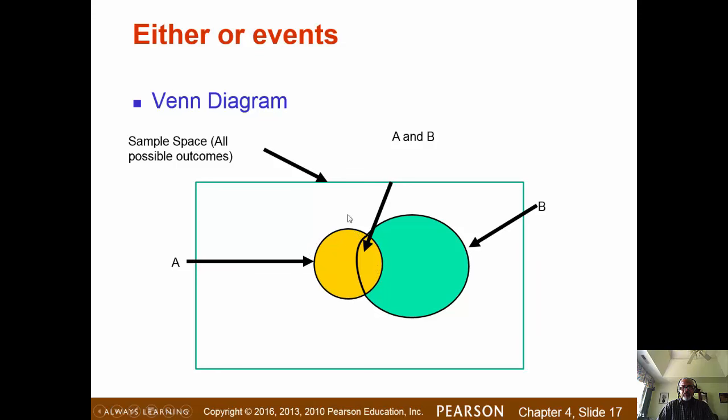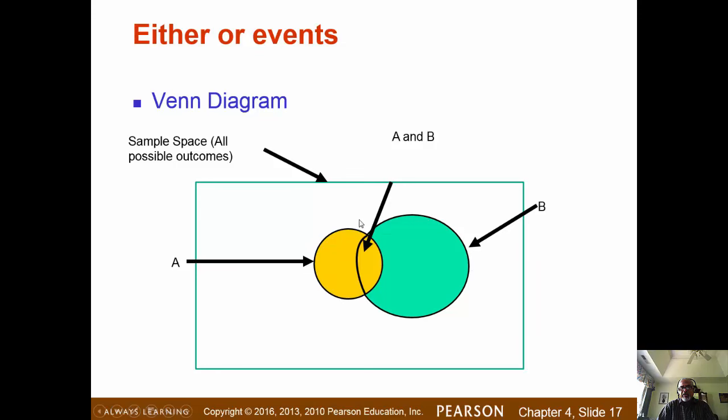These are the outcomes that correspond to A. These are the outcomes that correspond to B, and this is the intersection, A and B jointly. If you want A or B, the probability is given by this contour, like that and like that.